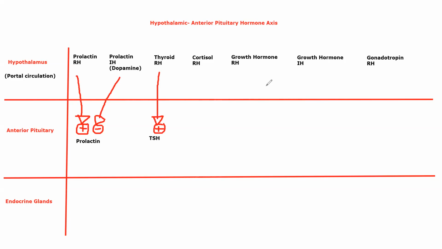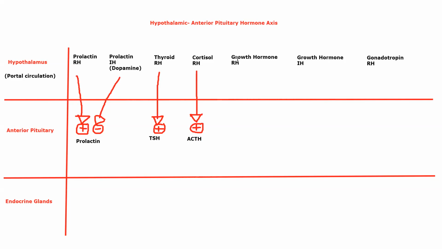Okay. Cortisol releasing hormone, we know, acts on the adrenal cortex. That is going to stimulate the release of ACTH, which is adrenocorticotropic hormone, acting on the adrenal cortex.